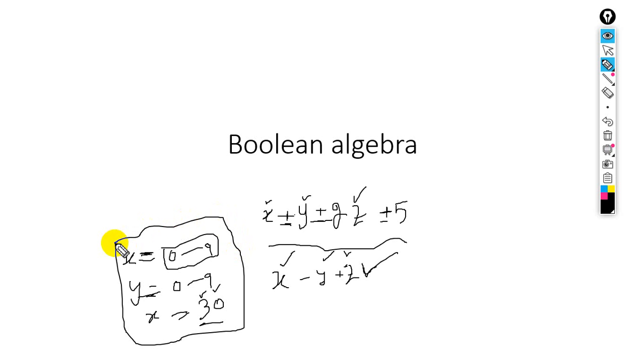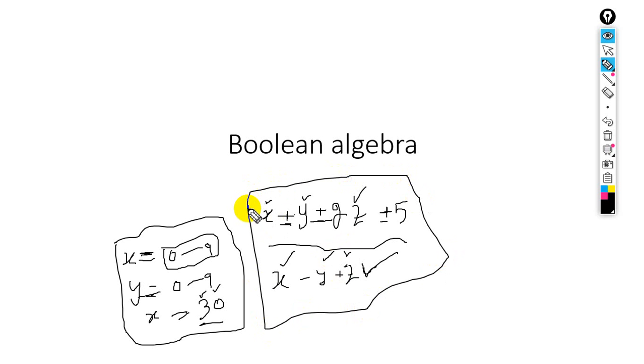In Boolean algebra we also use operations, just like here we are using the plus operation, minus operation, multiplication operation. All these operations we use in mathematical algebra. The same operations we will also use in Boolean algebra. But the value of a variable may be only 0 or 1.